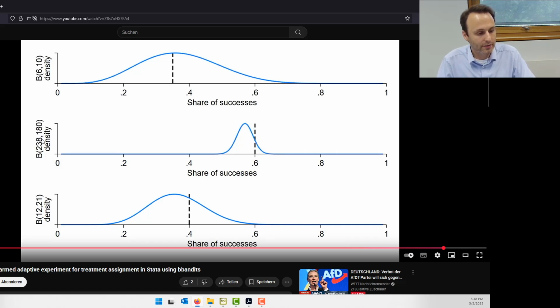And you see here the numbers, alpha and beta, are pretty high for this middle arm, but pretty low for the top arm, which really performs not that well. And you have still a large uncertainty, but you also don't want to play that too often because you lose too often with this arm.